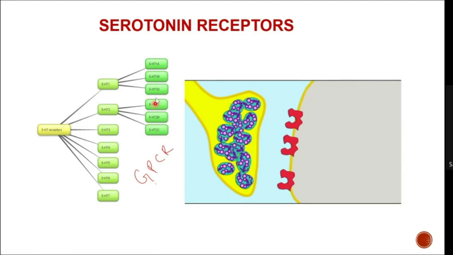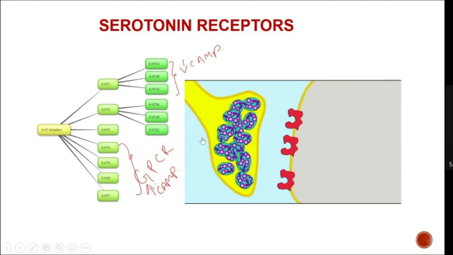The 5-HT1 subtypes are going to decrease the cyclic AMP. This is one thing you should know. While 5-HT4 to 5-HT7 are going to increase my cyclic AMP.